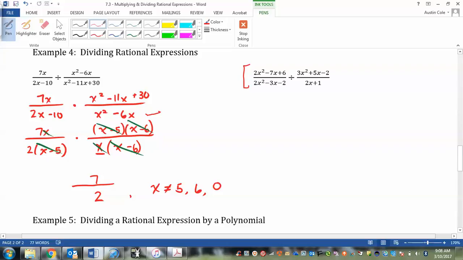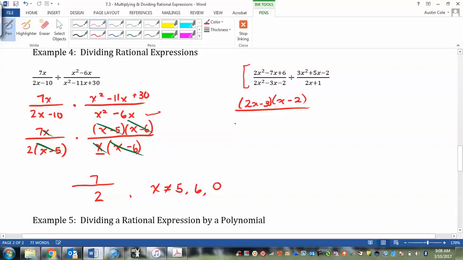Okay, so we did all this factoring. I'm just going to rewrite it down. This top one here is 2x minus 3 and x minus 2. Let me know if I make a mistake.